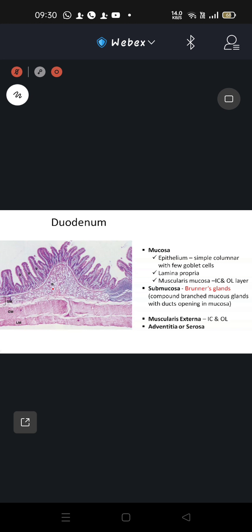The outermost layer is adventitia or serosa, depending on the part. The first part, the mobile part, has serosa altogether. Otherwise, since the duodenum is plastered to the posterior abdominal wall, the anterior wall has only serosa and the posterior wall has connective tissue, so that portion has adventitia. If the section is taken from the anterior wall, it has the outermost lining of serosa.